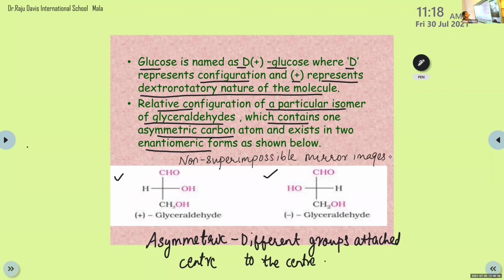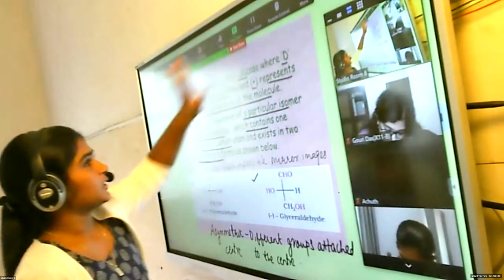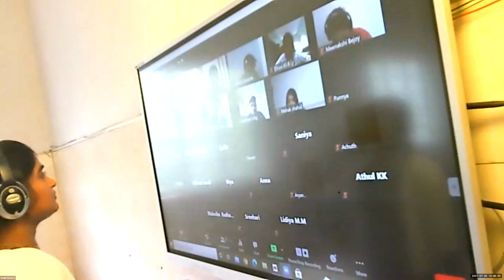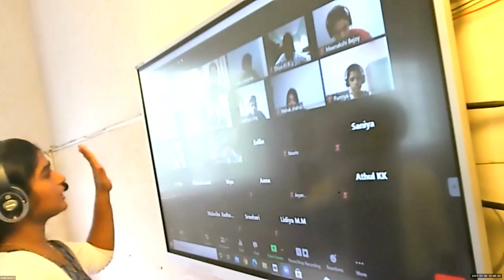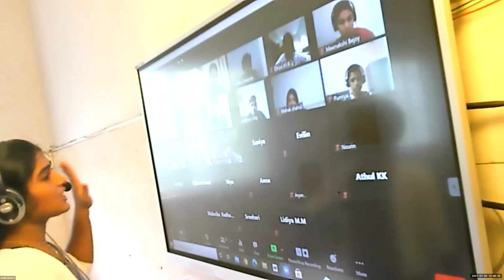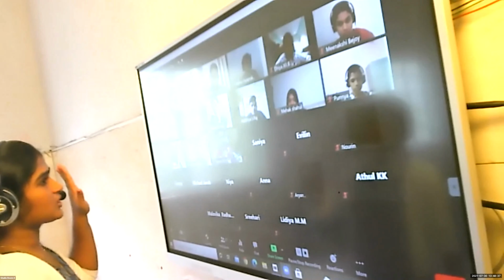What do you mean by the term superimposable? When you look at the mirror image of yourself, you can see the figure in the mirror and your structure are both similar, right? Okay, all of you listen here. When you show your hand to a mirror, it is not a superimposable mirror image, right?